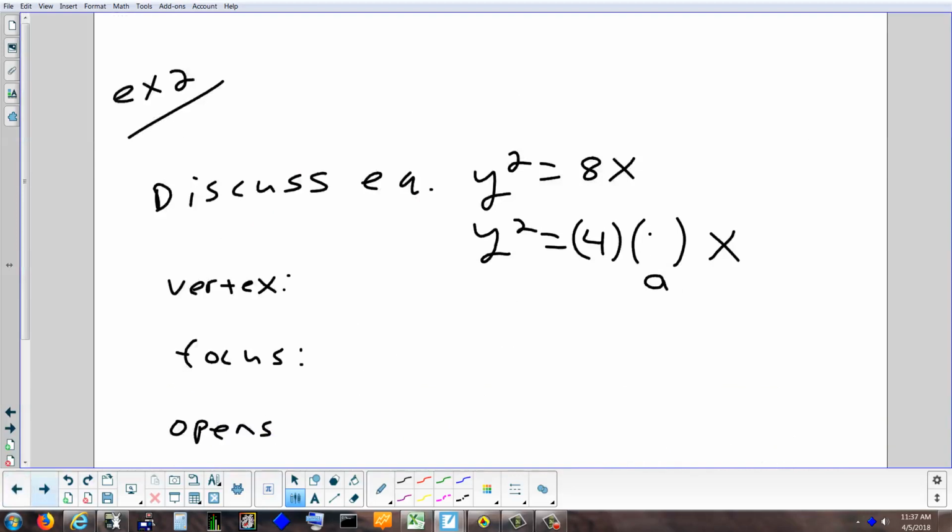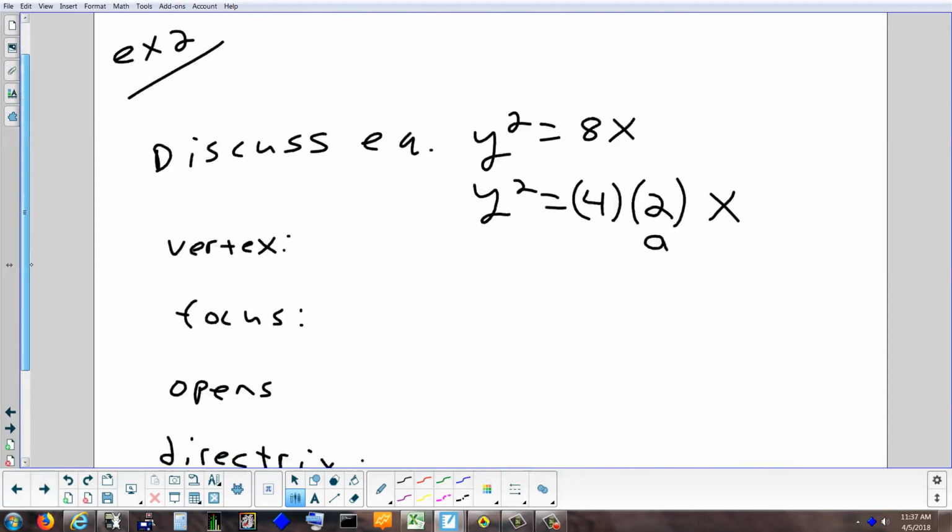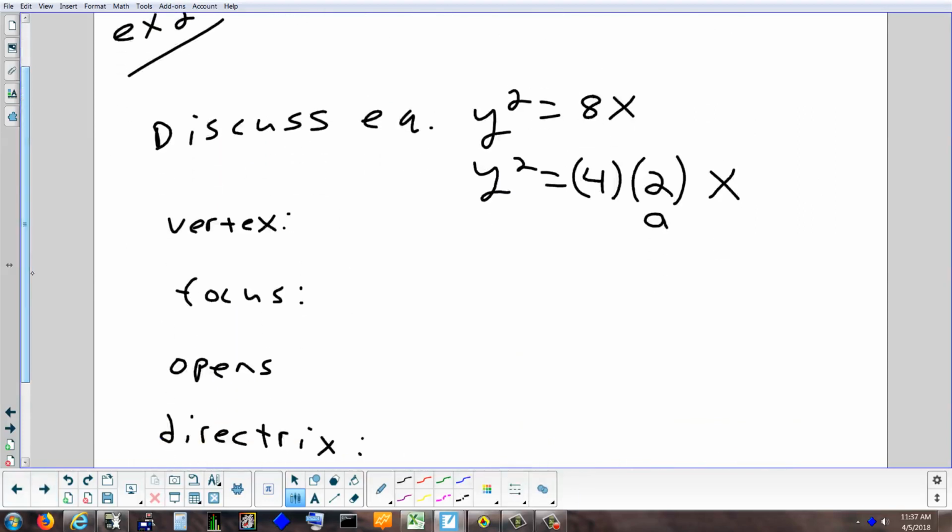The reason I wanted to do that is because now you can see clearly what a is. Y squared equals 4ax. So they must have multiplied 4 times 2 to get 8. Just like in this one, we multiplied 4 times 3 to get 12. Okay, so a is 2.